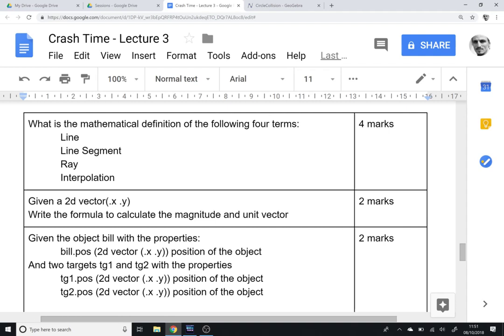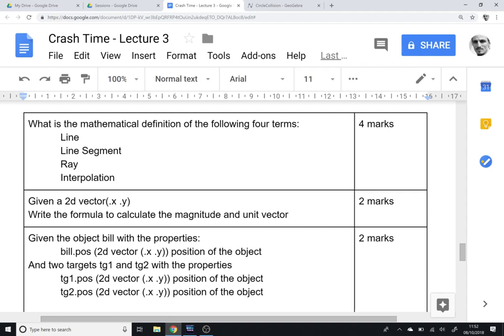You might recognise that at some point I asked you to find the definition of these things, and maybe you wrote them down in your book and maybe you didn't. Calculate the magnitude and unit vector. So given a 2D vector, calculate its magnitude and unit vector.